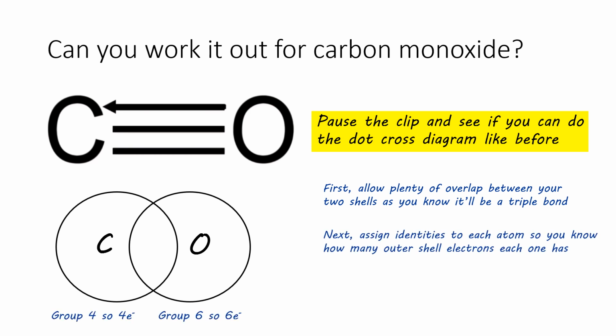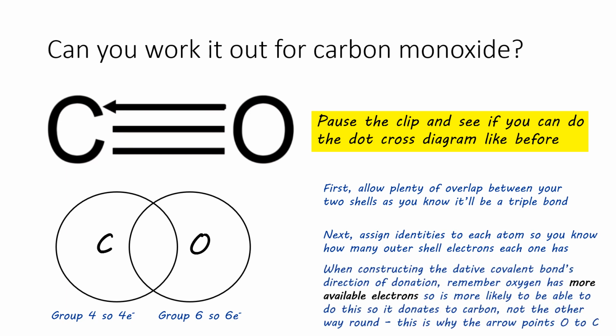So we need to think about how many outer shell electrons each atom is bringing to the situation. Group 4 is carbon, so that has 4 electrons in total. Oxygen is group 6, so it'll have 6 electrons in total. When you construct the dative covalent bond, you have to think about the direction of donation.